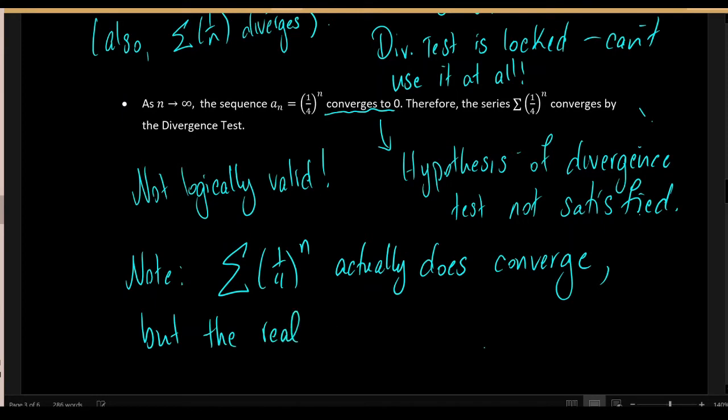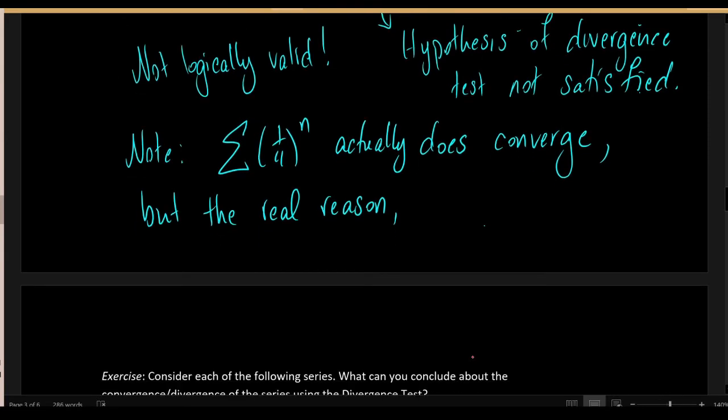The real reason that this series converges, the valid argument that you could use to convince the skeptic, is that this series is geometric, with a common ratio that is less than 1 in magnitude.